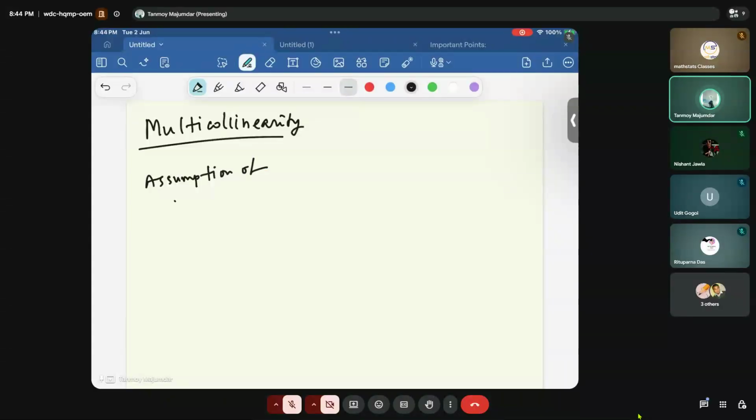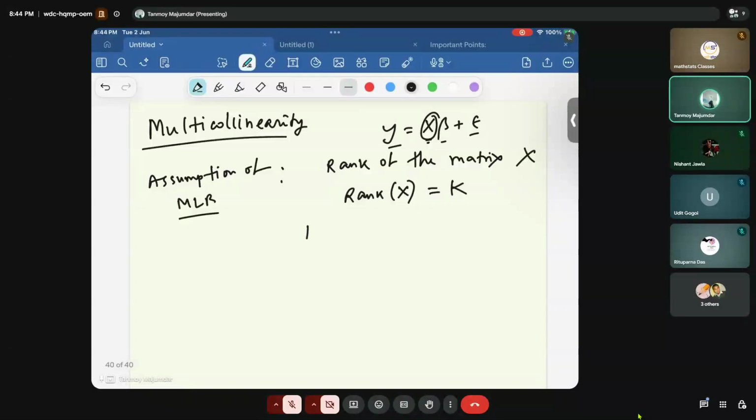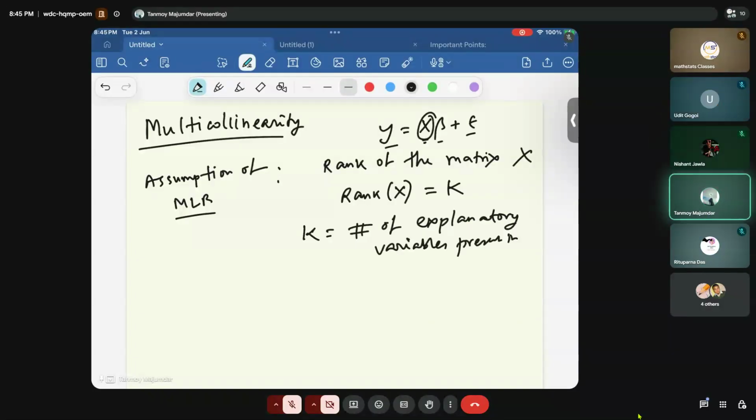I hope you remember the assumption that the rank of the matrix X should be equal to k. The model is y equals X beta plus epsilon, with the X matrix. k is the number of explanatory variables present in the data.